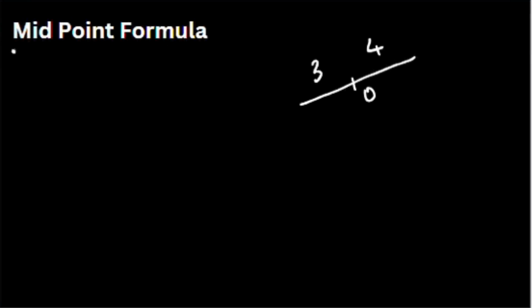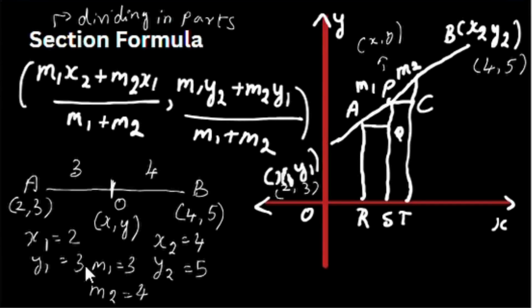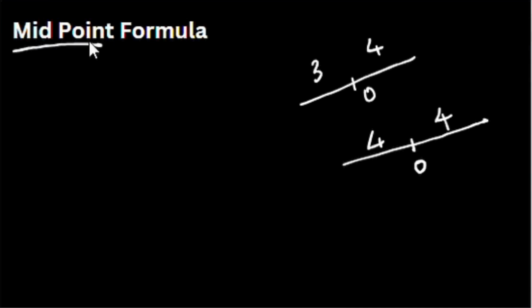But if they say it's the midpoint, the midpoint will always be in the center, so it will have equal ratios like 4:4. Not like the section formula, where you have different ratios, like 3:4. In the midpoint formula you will have the same ratio, because the line has been cut exactly at the center point.